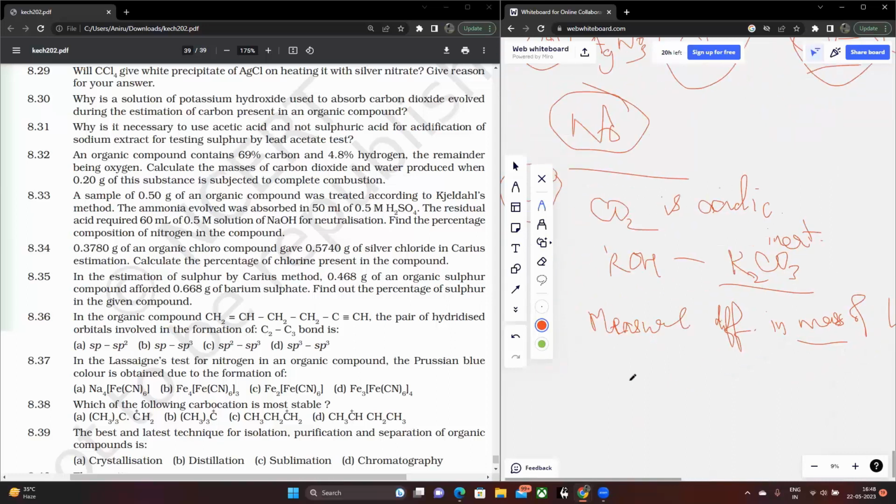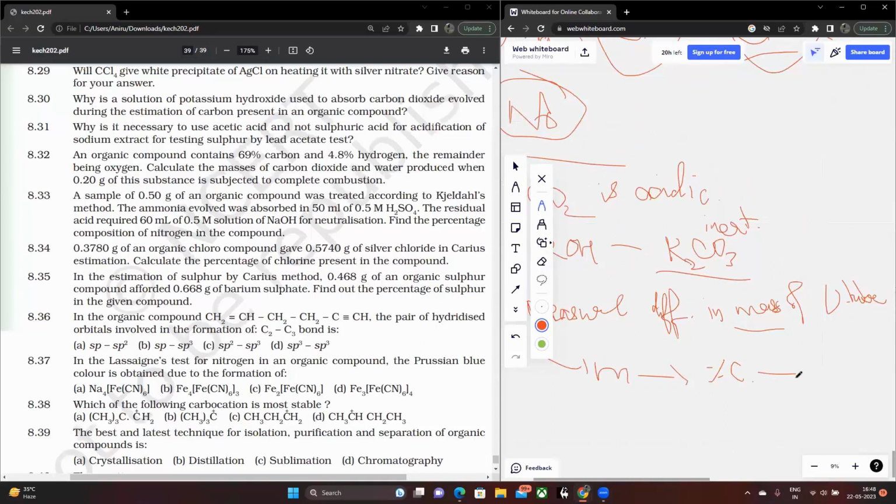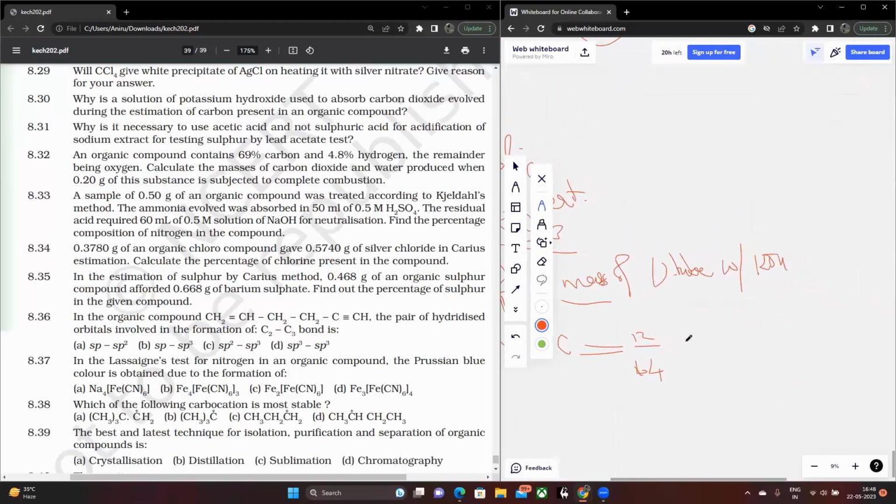And from this mass, you can estimate the percentage of carbon by the formula. Percent C is equal to 12 by 44 into mass of CO2 formed, that's M1, divided by the mass of substance taken, that is M, into 100, right?